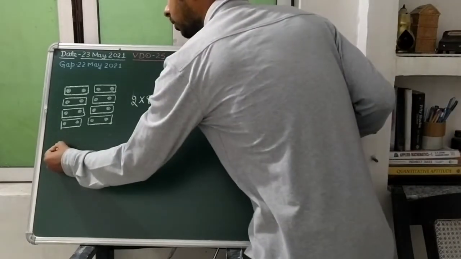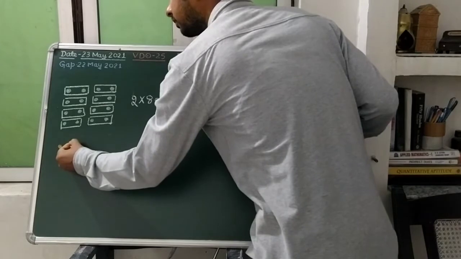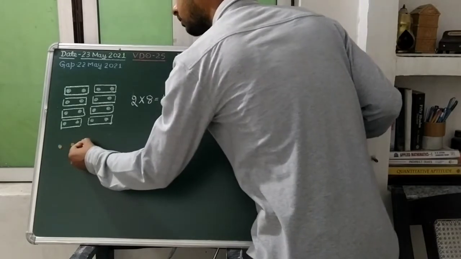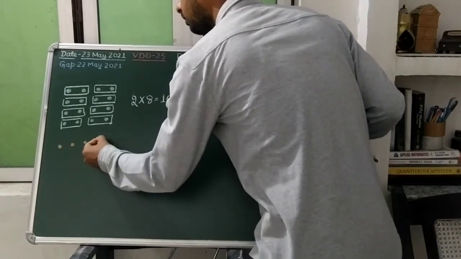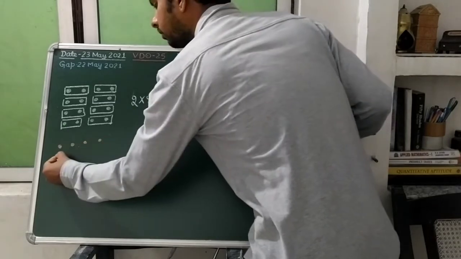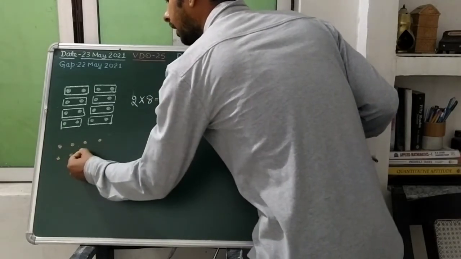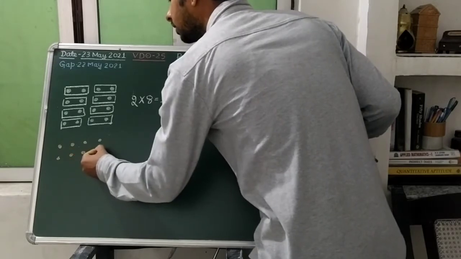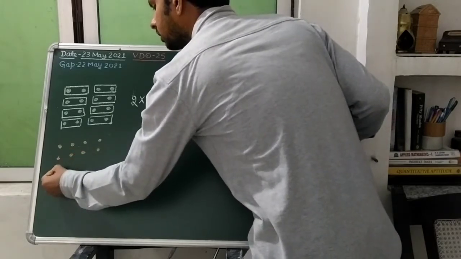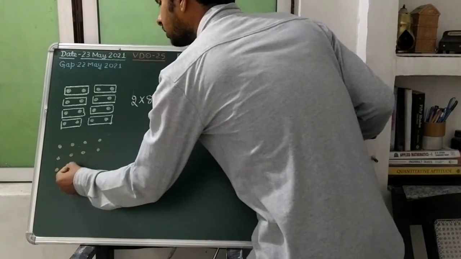Once again, try to observe this. Once again, we have the same array which has 16 dots.